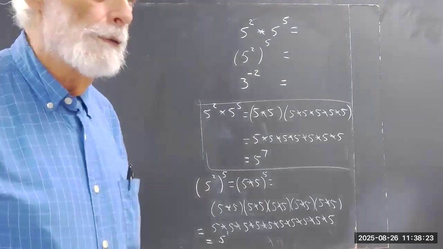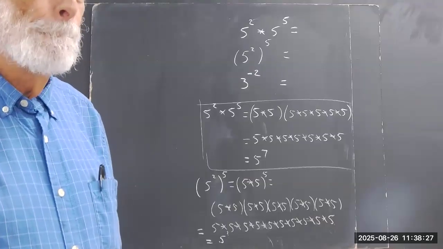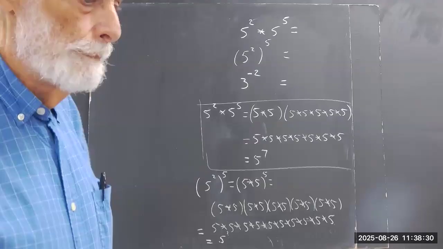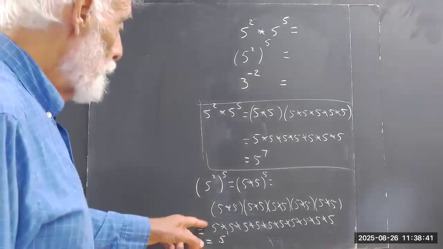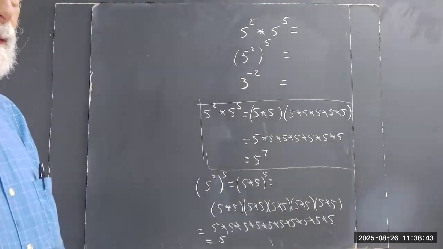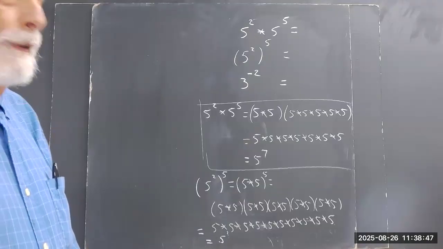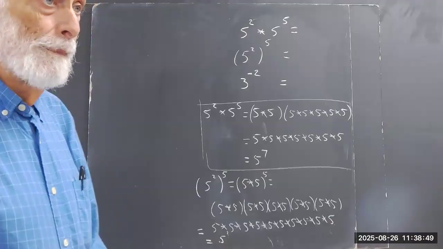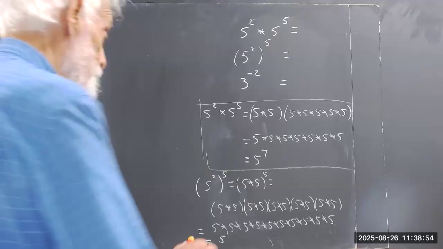Can you show me with your fingers? What power of 5 is this? How many 5s are there? 10. So it's 5 to the 10th.